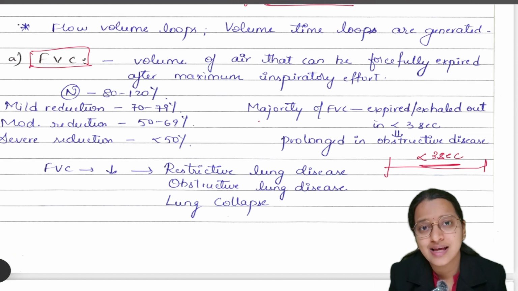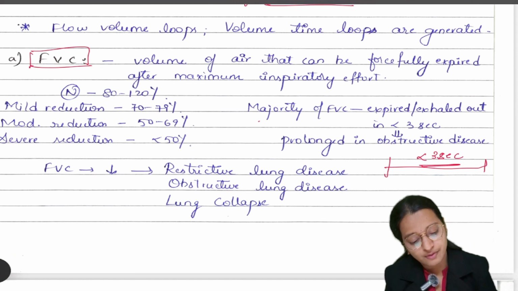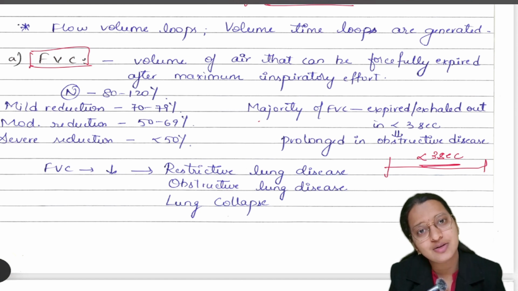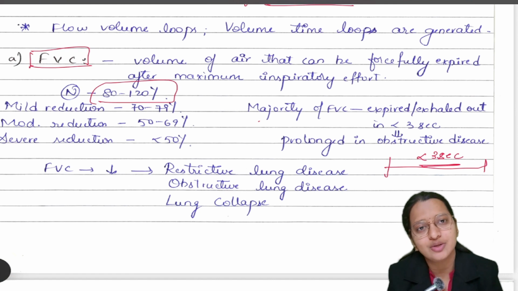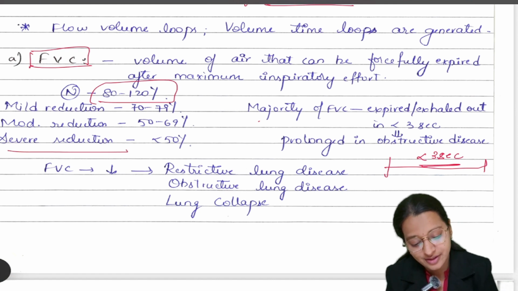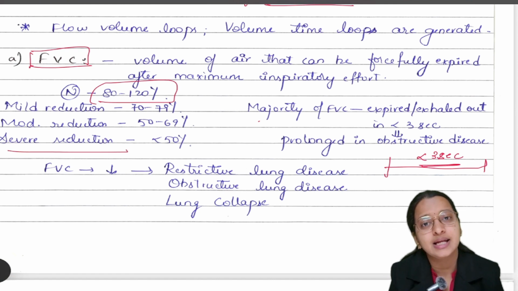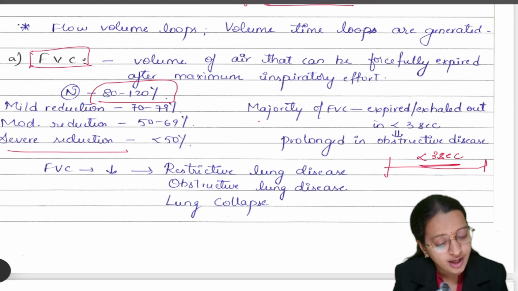But this is prolonged in obstructive diseases. Okay. So value wise, it is decreased in obstructive, restrictive, and lung collapse. Okay. The normal values would be 80 to 120%, and the severe reduction of FVC means it is less than 50%. Okay. So now I'll calculate the amount of air exhaled in the first second.